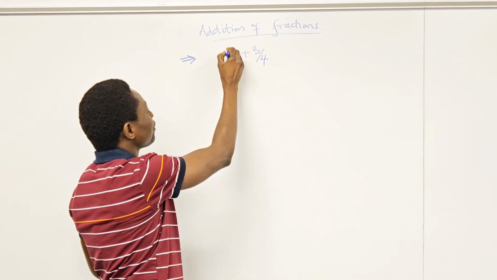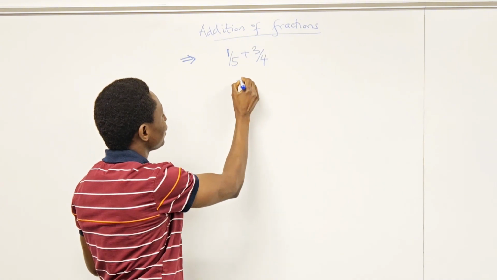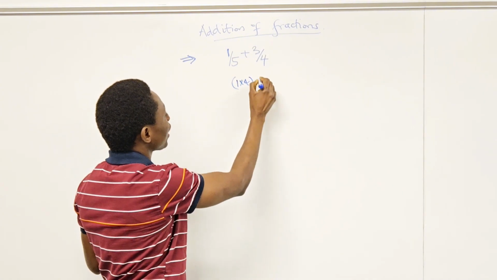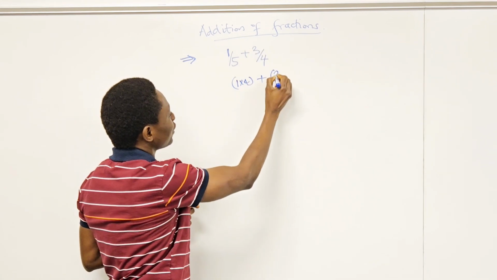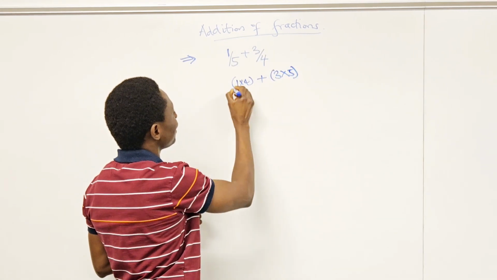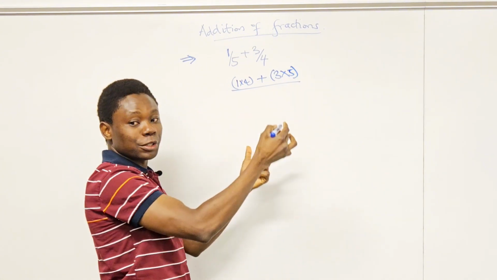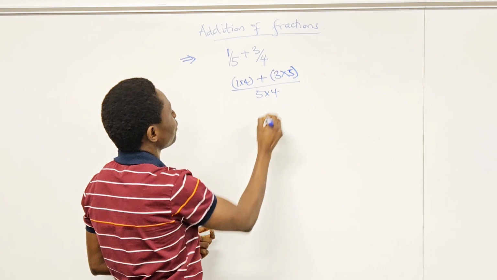the numerator of the first fraction by the denominator of the second fraction, which is 1 times 4, plus the numerator of the second fraction times the denominator of the first fraction, which is 3 times 5. Everything divided by the product of the 2 denominators, which is 5 times 4. Right?